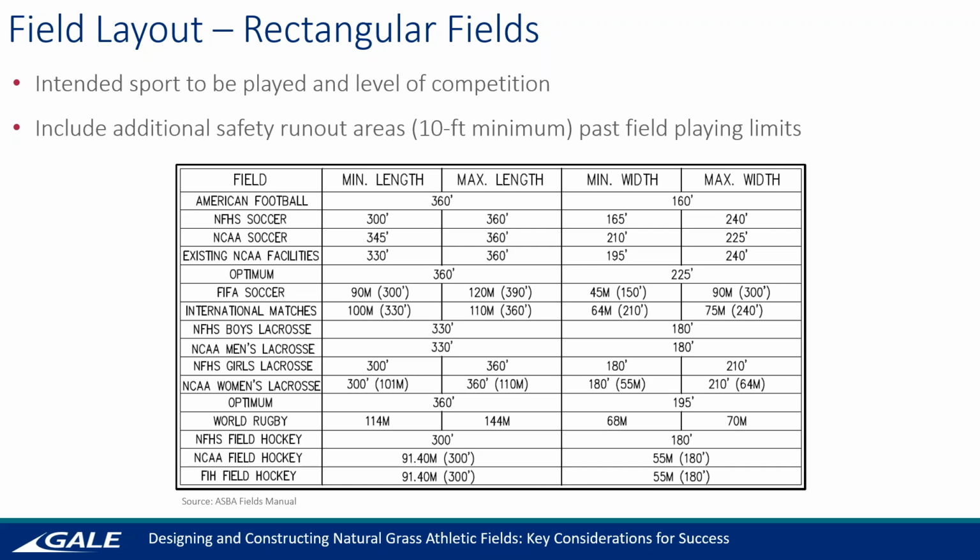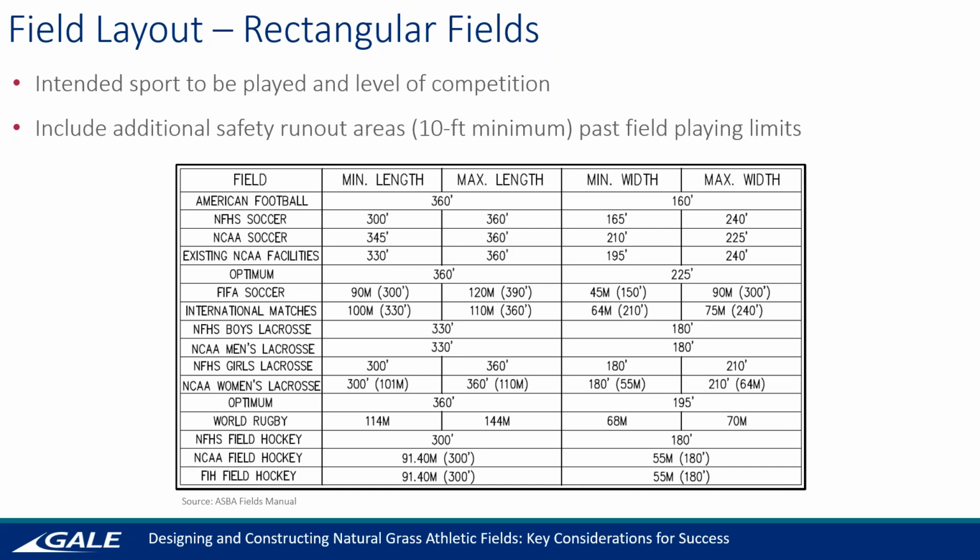So this is just taken from the ASBA fields manual. It's just the rule of thumb on different dimensions. For the purposes of this, we want to concentrate on the college level, the NCAA level, and more of the higher end type of limits. Most of them do have ranges with optimal limits for each one. It all depends on your site constraint, right? What can you fit in the area that's there?